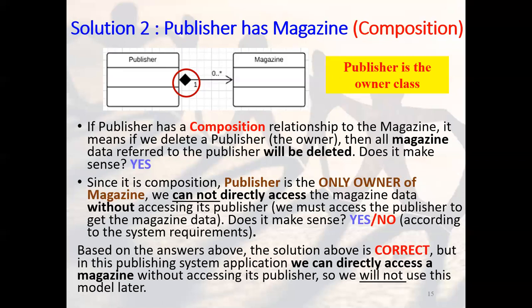Based on that, this solution can be correct. However, because in this system we can directly access a magazine without accessing the publisher, we will not use this model later. So this is accepted. This is okay. In a design, there can be multiple solutions that are equally correct. We just need to decide which one to use.